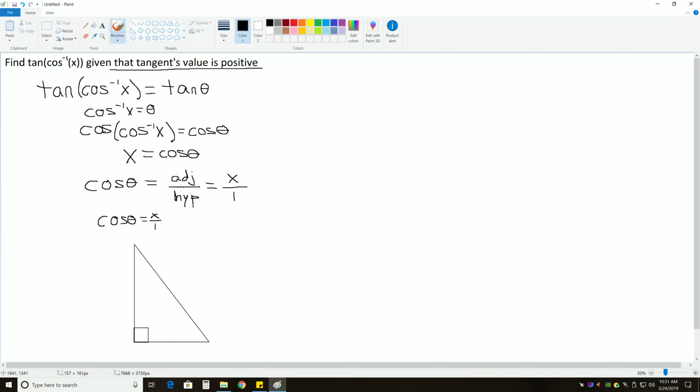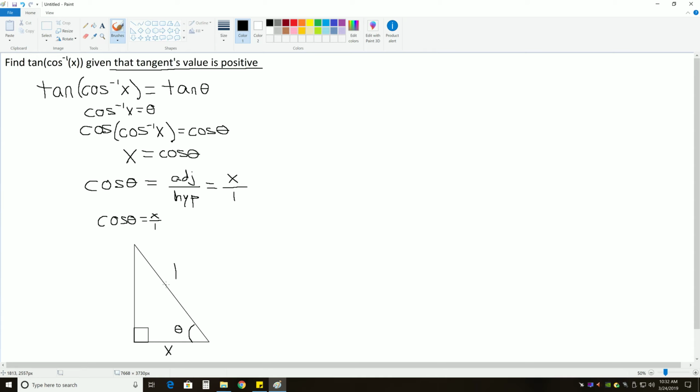And now we're going to pick one of these two non-right angles to be our angle theta. It doesn't matter which one as long as we pick just one of them. So because cosine of theta is equal to x over 1, the adjacent side of this angle theta has to be our x, and the hypotenuse of our angle theta has to be 1.